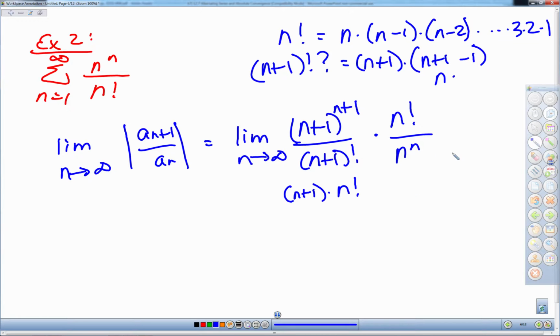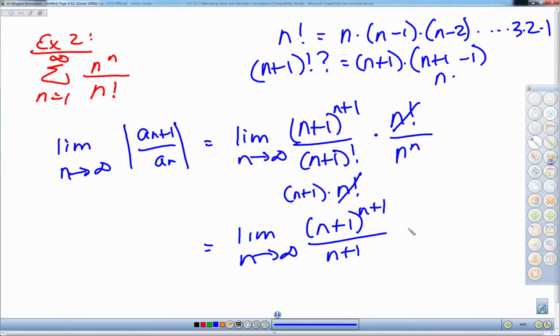And when we look at this, the n factorials cancel out, and when we clean this up a little bit, we have n plus 1 to the n plus 1 power over n plus 1 times 1 over n to the n. Well, that's kind of cool. I believe that the n plus 1 is going to cancel with one of these up here.